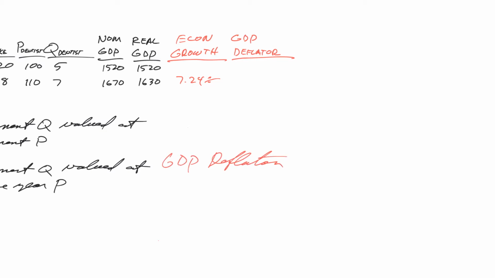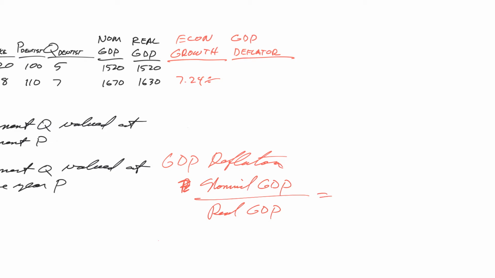The word deflator is unfortunate. A better word would be index. GDP price index is what it really is. What you do is take nominal GDP and divide it by real GDP.